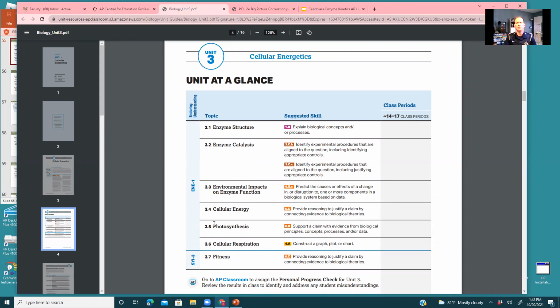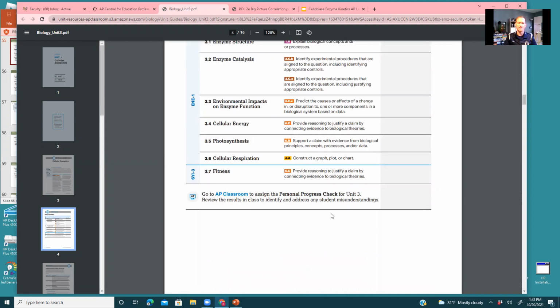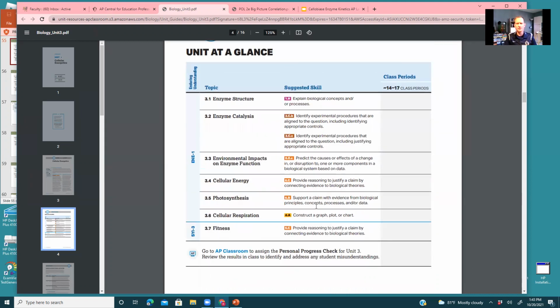And then from that, we're going to talk about photosynthesis, cellular respiration, and fitness in general. All these things connect to big idea 1, basically cellular energetics and system interactions.